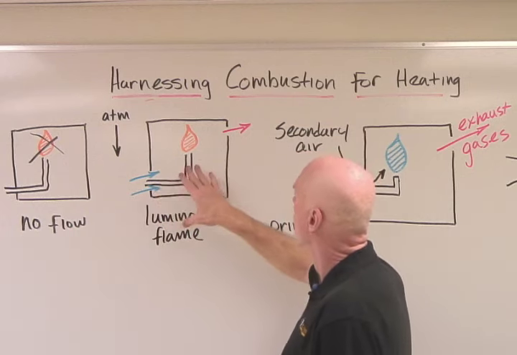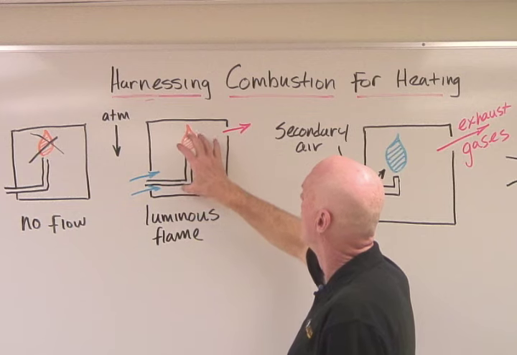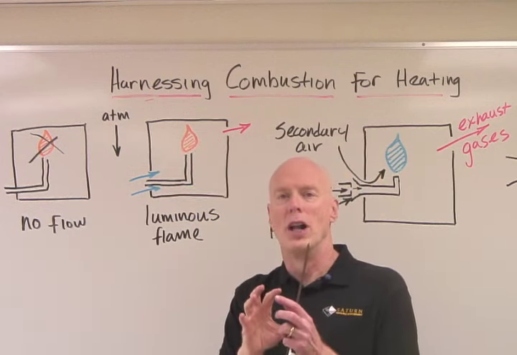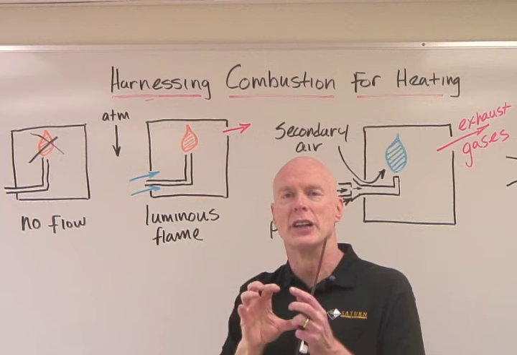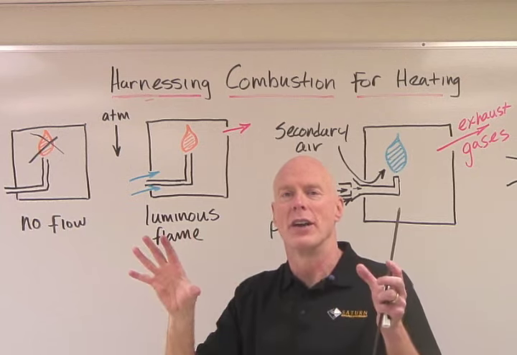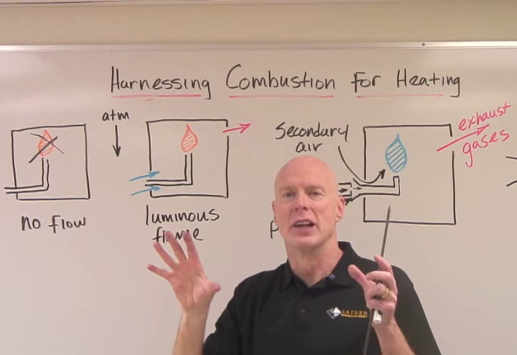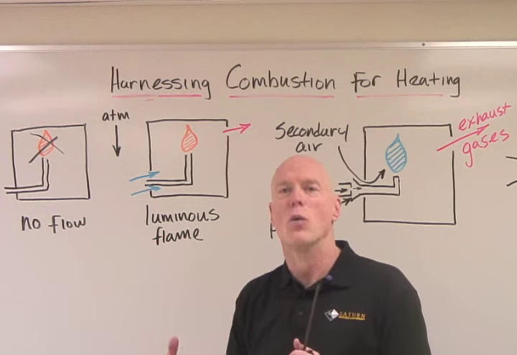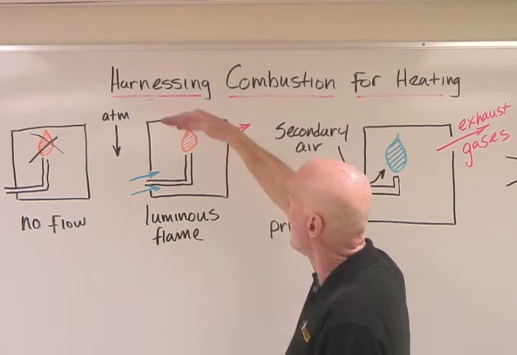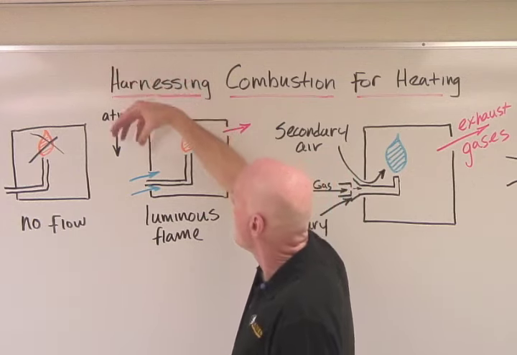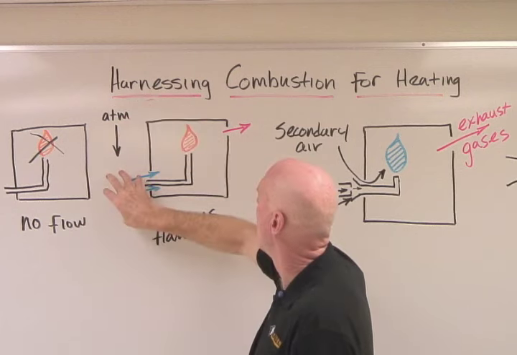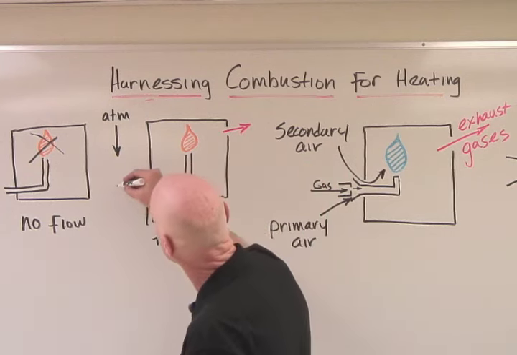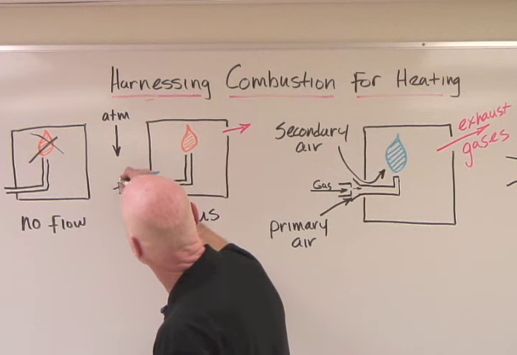And when we burn gas and air, we're heating all the molecules that go through that reaction, and we're driving them farther apart, which means that they become less dense than the air in the atmosphere, and they want to rise. The reason why they want to rise is because the atmosphere is pressing down, and that pressure exists right here, and that pressure is a positive pressure.